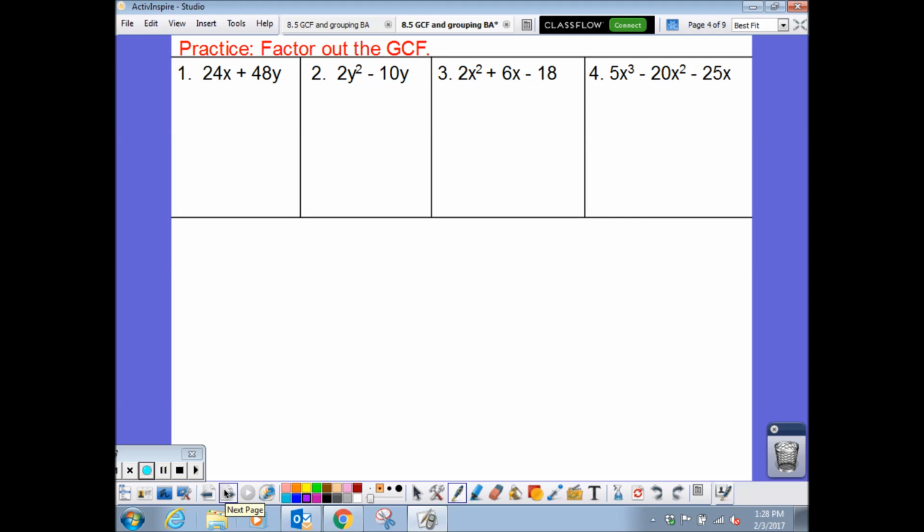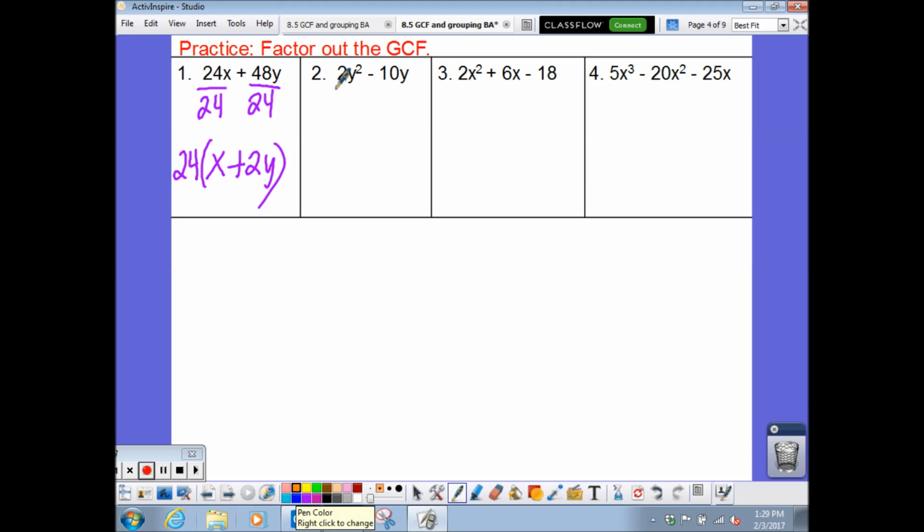Okay, I'm going to do these practice problems really quickly. So here, looks like 24 goes into both of these, but they don't both have a variable in common. So I'm going to take 24 out. If I do, that leaves me with x plus 2y. If you want to practice these, just pause the video, work them out, and then you can watch.